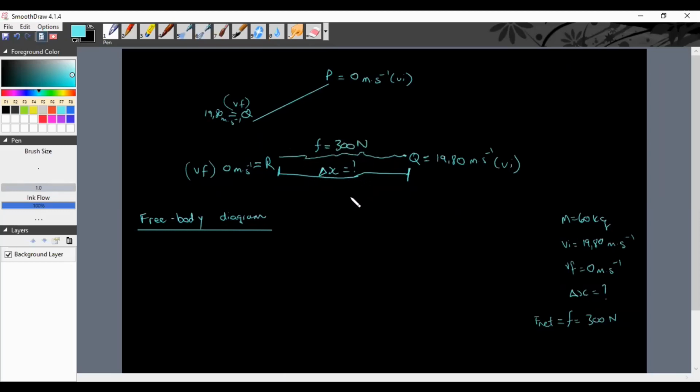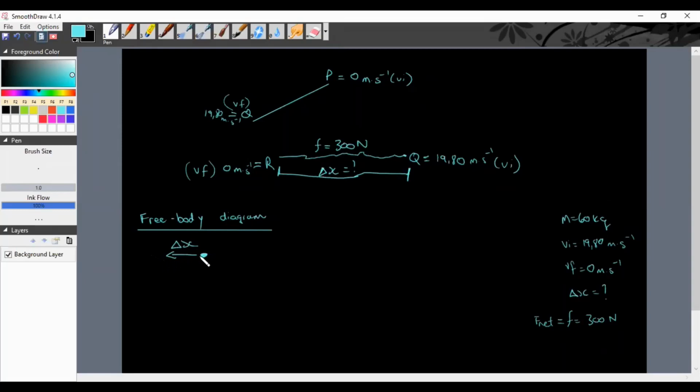So here's where our free body diagram comes into play. I'm not going to draw the distance of the surface, but obviously you can see from point Q to point R, it's going that way. This is my delta X. And he experiences an opposing frictional force. Now the distance, or the delta X, is in that direction.